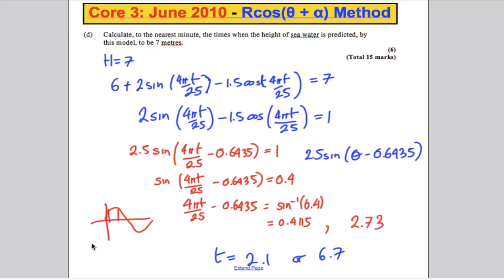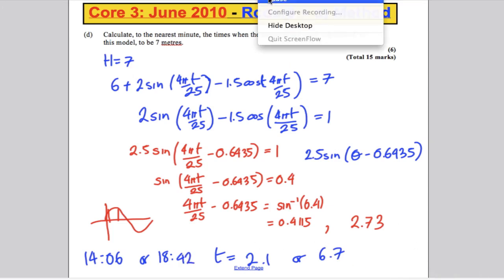So it's 2 hours after midday, so it's 14:06, because 2.1 hours is 2 hours and 6 minutes, or it's 6.7 hours after. 0.7 hours is 42 minutes, so that's 6 hours and 42 minutes after 12 o'clock, which would be 18:42. And they're the two times, and you're done. Very difficult question, that one.